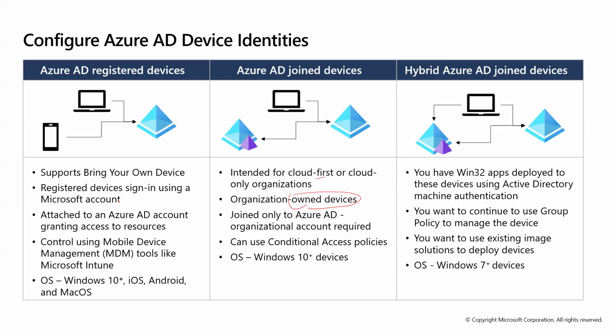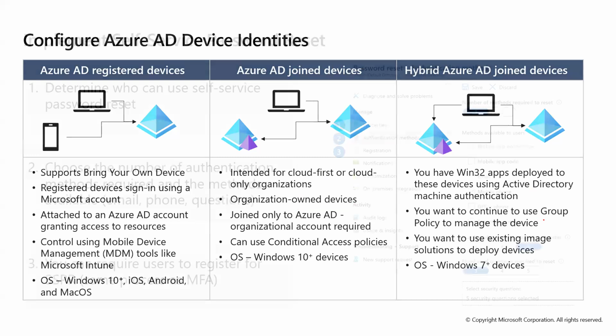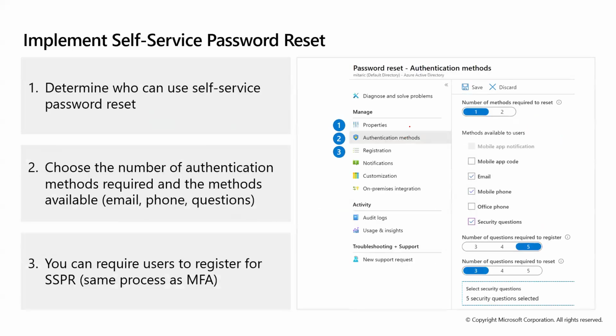But in case you want to register your own personal devices, then these are known as Azure Active Directory or Microsoft Entra ID registered devices. Then there could be hybrid joined devices as well, which work in both scenarios: in Microsoft Entra ID, as well as in the on-prem environment.